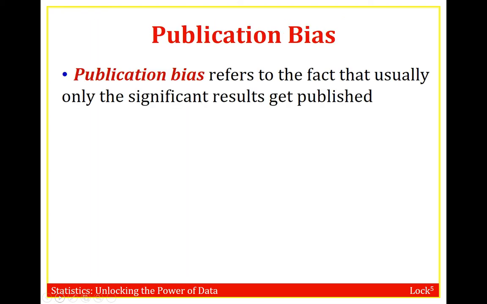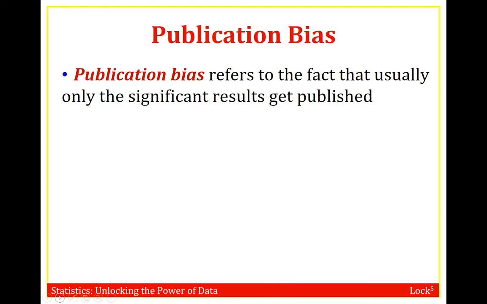Publication bias. This reporting of data that you find to be extreme in your benefit is referred to as publication bias. It refers to the fact that we usually only get the significant results published. I could conduct a test 1,000 times, and if nothing really important happens, nobody talks about me.